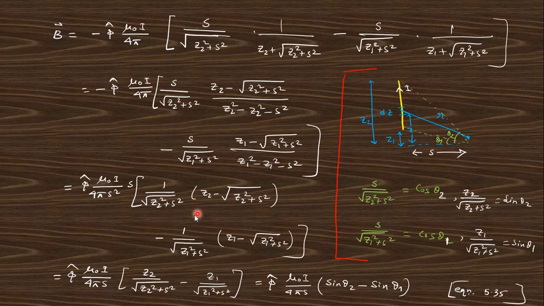So if you put in the values of sin theta 1 and sin theta 2, you will get this as sin theta 2, and this is sin theta 1.